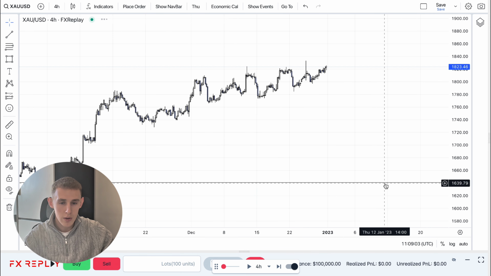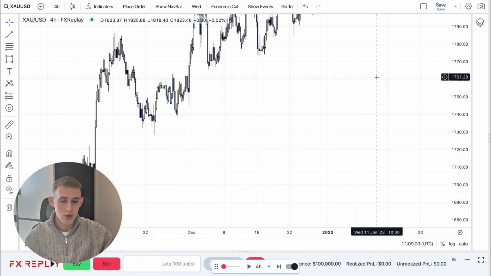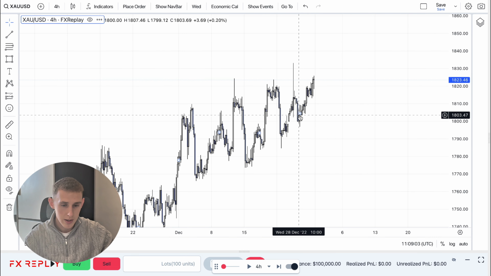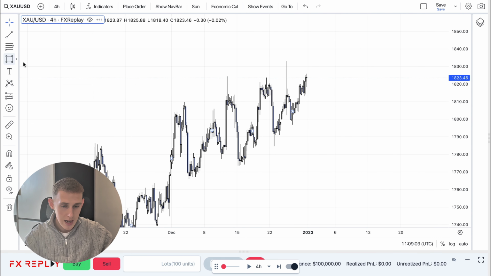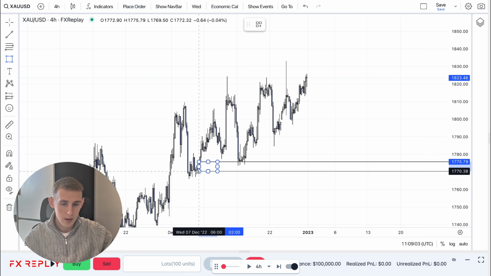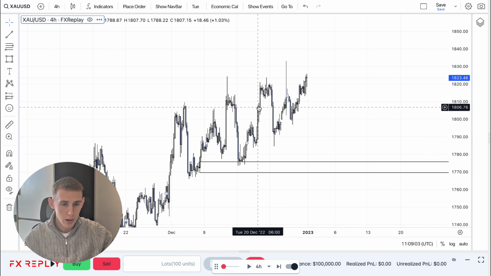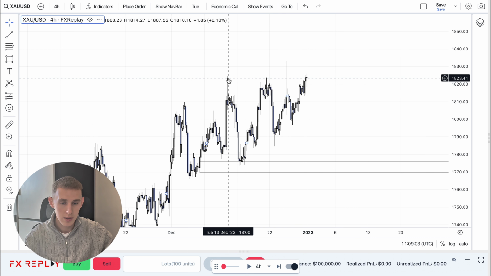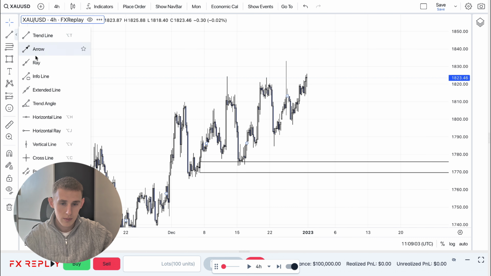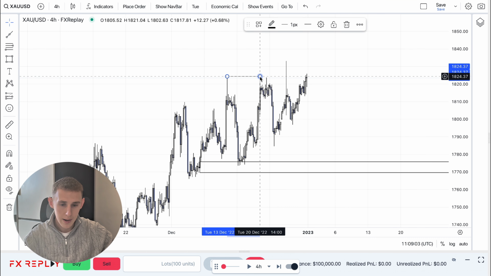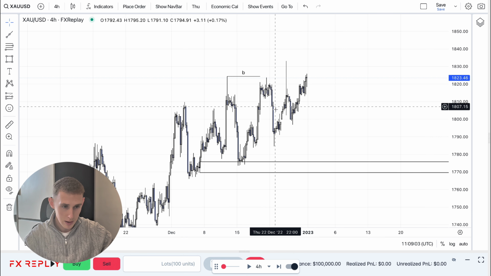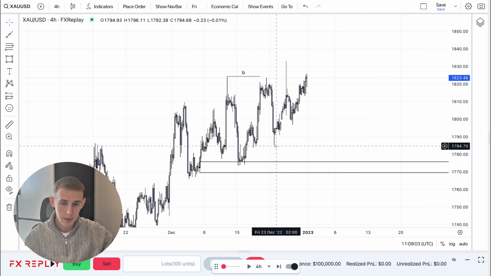So only focusing on the most recent structure, what we can see, we've had a mitigation of this demand. After the pullback, price pushed back up, broke this high right here, pulled back, swept at this sort of level as well, which I'm going to mark on.